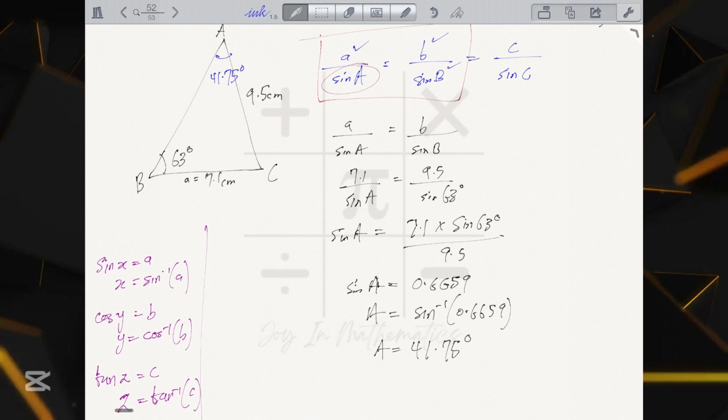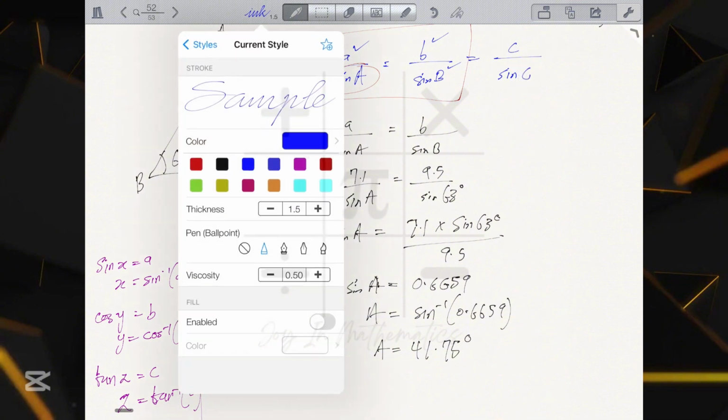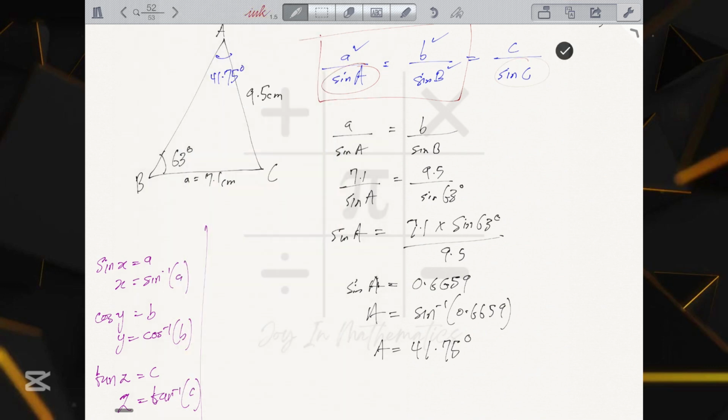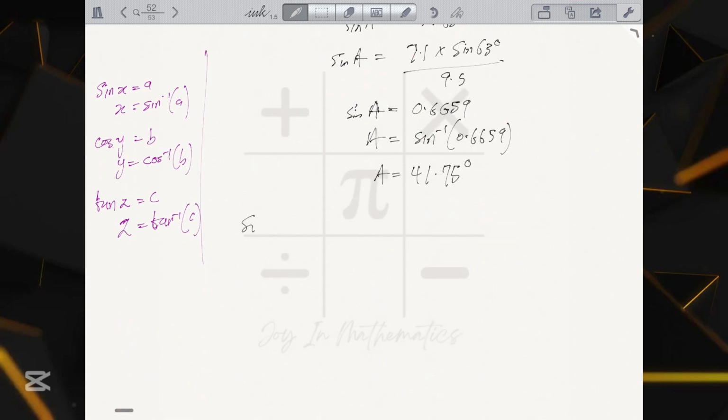Now if angle A is equal to 41.75 degrees, we can easily find angle C. And how do we look for angle C? We are saying that the sum of angles in a triangle is equal to 180 degrees. So let's implement that. A plus B plus C, that is the angles at point A, point B, and point C, is equal to 180 degrees. The angle at A is 41.75 degrees.